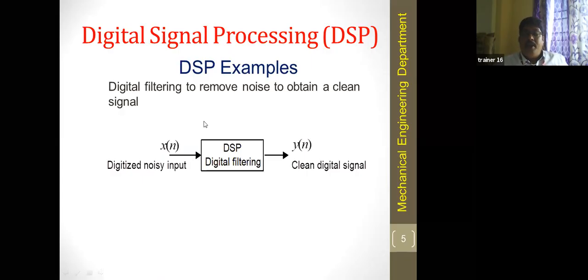Compared to the Sony TV and others, if you go to theaters like Dolby theaters, we can get the sound with very good clarity. That is the best example: digital filtering to remove noise, to obtain a clean signal without any disturbance, even small. What is the meaning of a clean signal? The signal is strengthened.